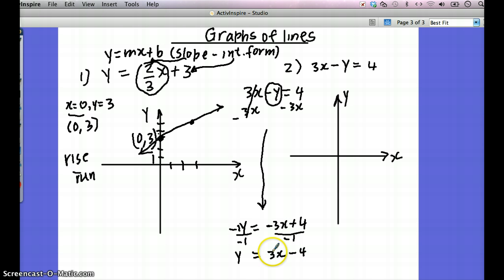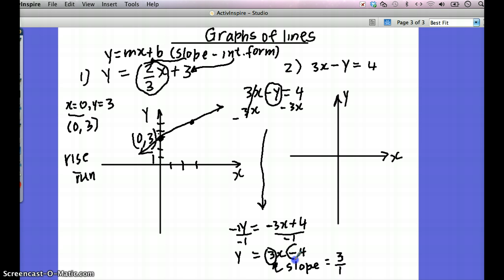So now we've got it in slope-intercept form again, y equals mx plus b form. And this will be our slope. With a slope of 3, that's the same as 3 over 1. So the rise would be 3 and the run 1.